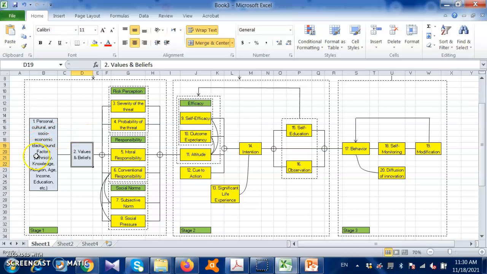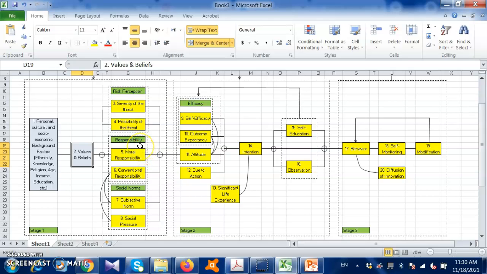The model starts from cultural, personal, and socioeconomic backgrounds. Those lead to values and beliefs, and those lead to three critical components. First is risk perception, which is divided into severity of the threat and probability of the threat.